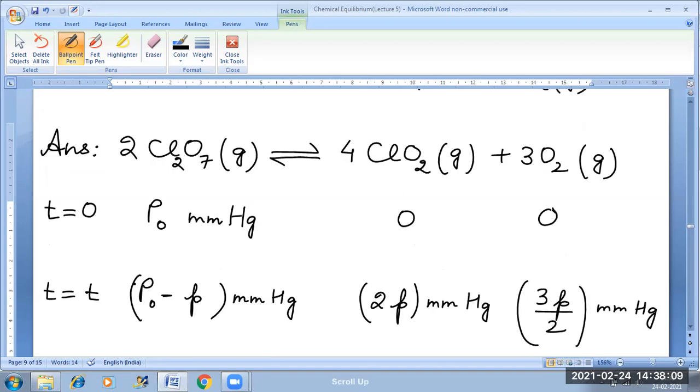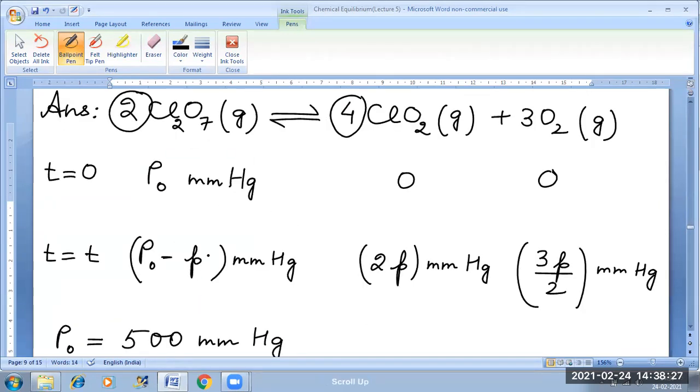Why? Because if I compare this coefficient and this coefficient, the coefficient of ClO2 is 2 times the coefficient of Cl2O7. Therefore, this and this also should be in the same corresponding ratio.